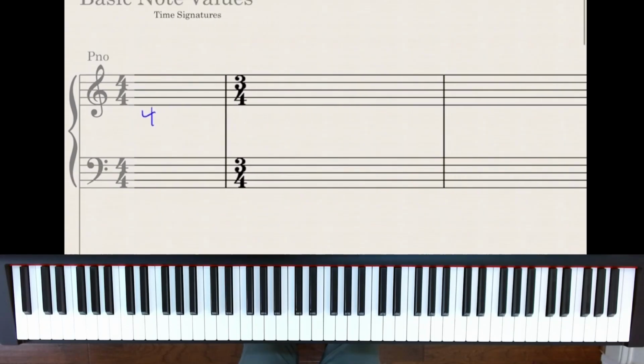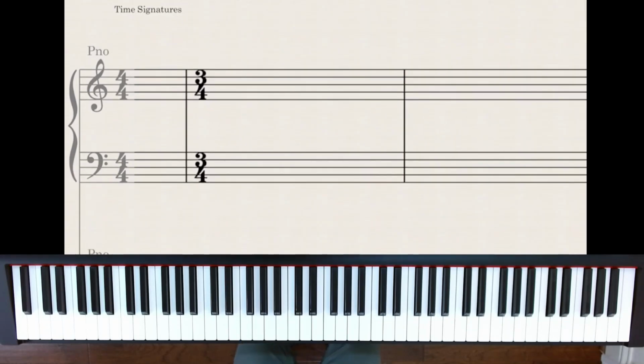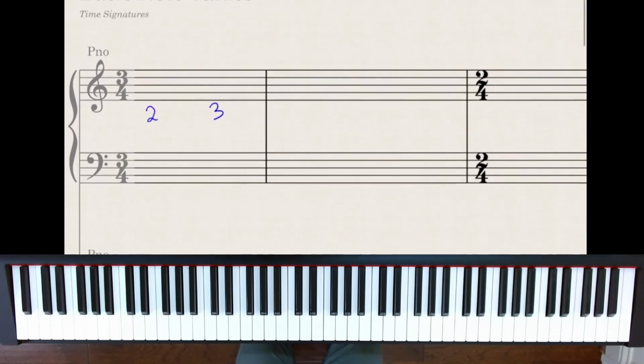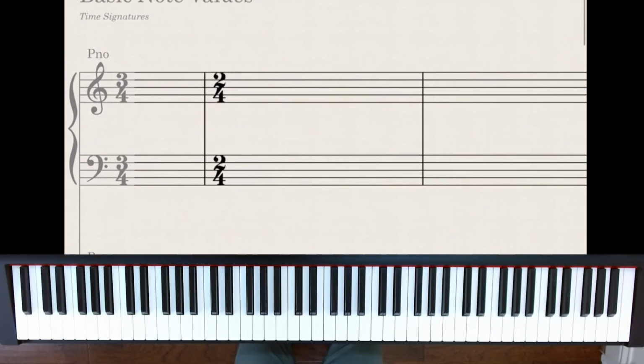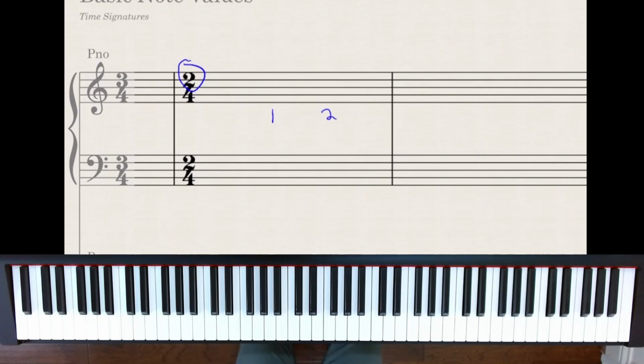And the same goes for a 3/4 time, except the amount of beats changes. So that top number is now a 3. So we can only fit 3 beats per measure. And 2/4, obviously, it's telling us we can only put 2 beats per measure.